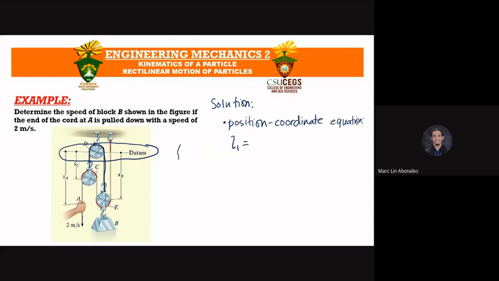So L1 takes only this portion and this other side, which is equal to SC and SB. So our L1 is equal to SC plus SB.